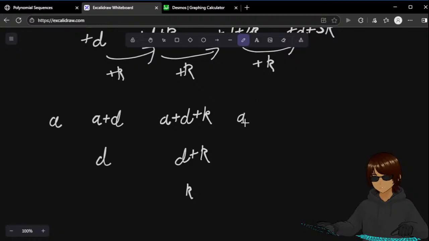The reason I'm writing it like this is because I want this to be n is equal to 2 and then this is n is equal to 3. So this plus this gives this. This plus this gives this.